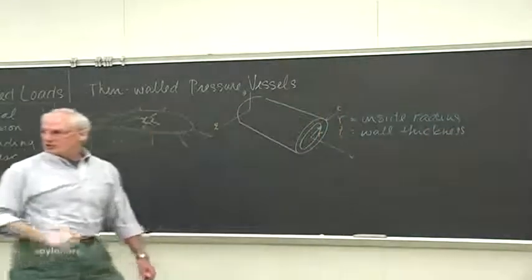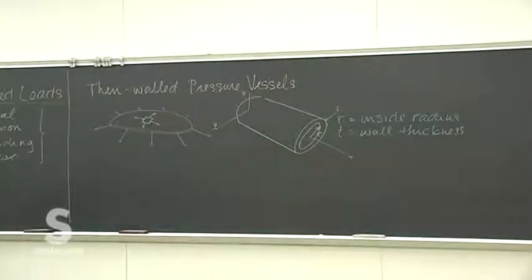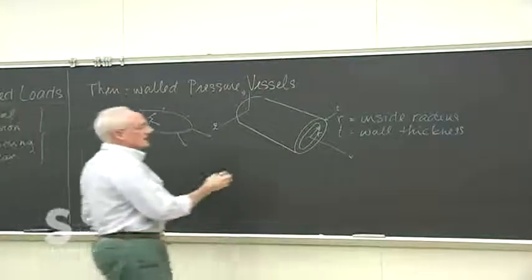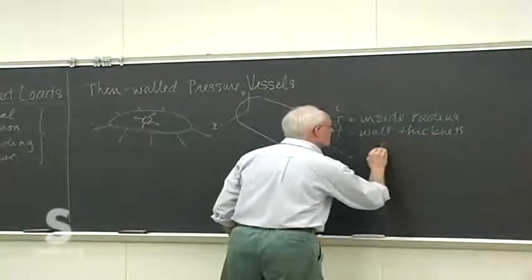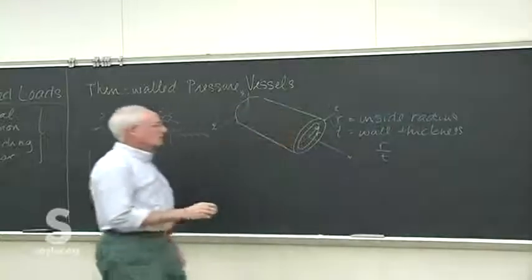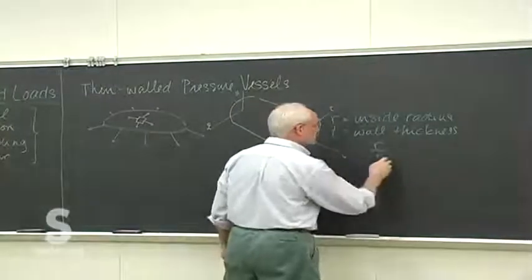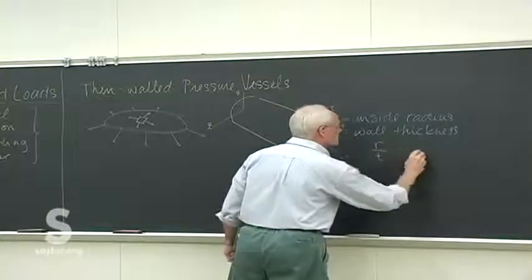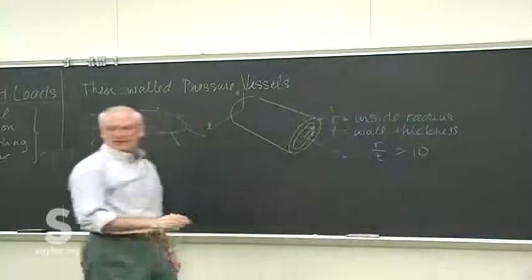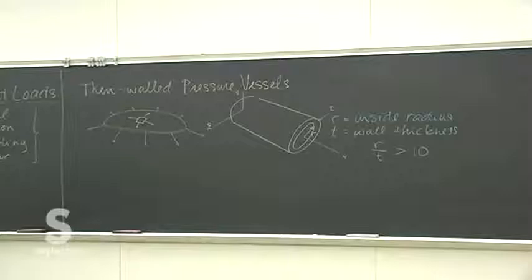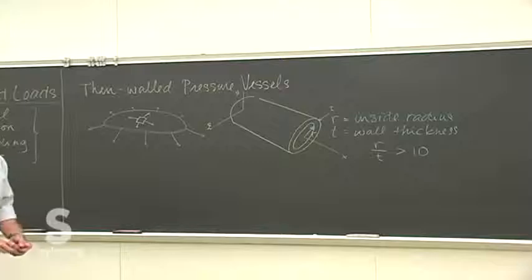And it's the ratio of those two that we use as our definition, as arbitrary as it might be. We define a thin-walled pressure vessel as one where the radius to the thickness is greater than about 10. So if we had a 10-inch inside radius tank, any wall thickness less than 1 inch is going to be considered a thin wall pressure vessel.